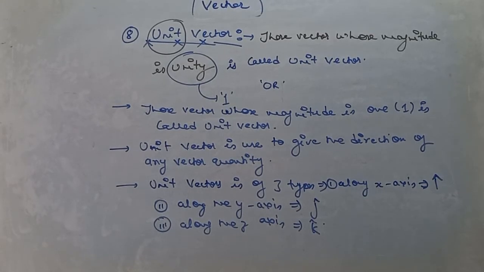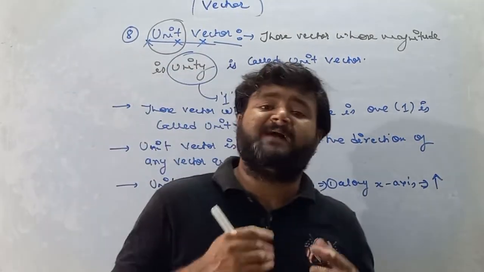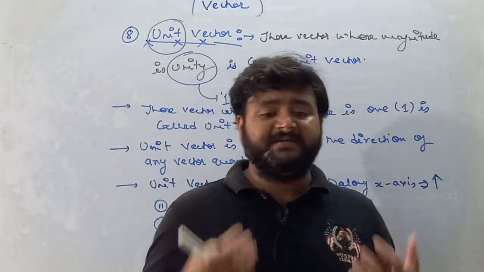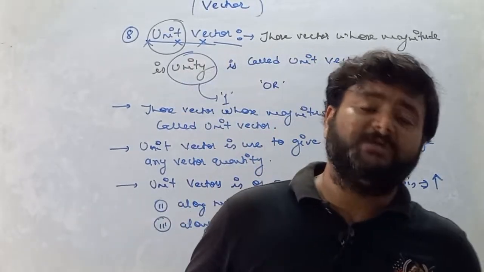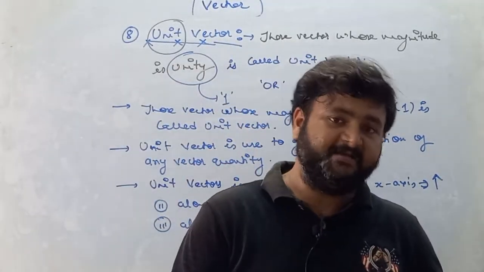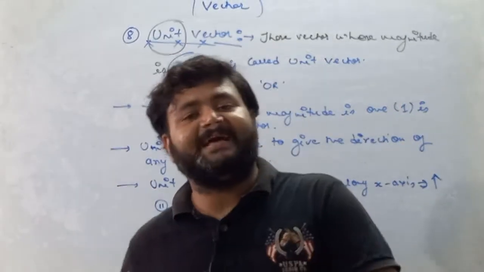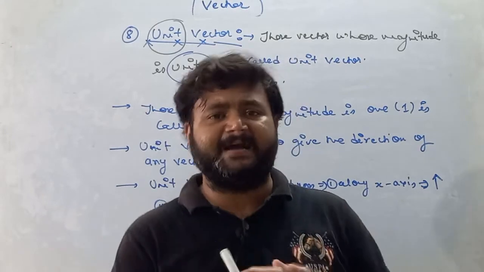But when we are talking about unit vector, you must understand, my dear student, that a unit vector is basically a vector whose magnitude is unity, or we can say whose magnitude is 1, because unity means 1. Second thing, these types of vector are only used to give the direction, nothing else, because their magnitude is 1.